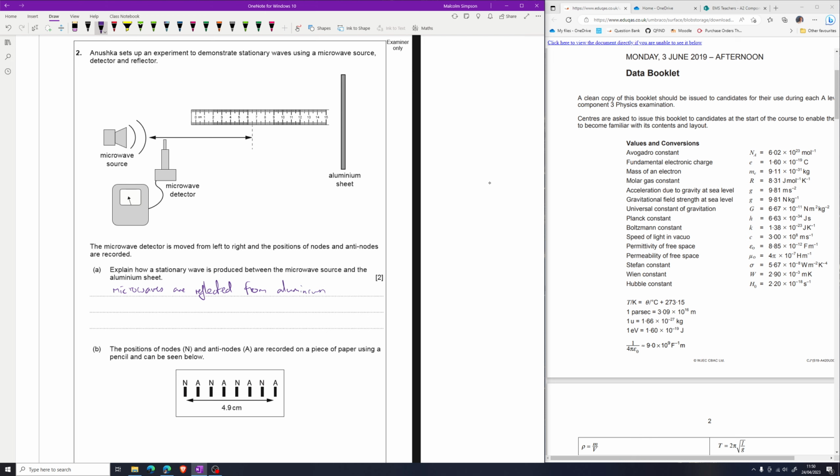Reflected from the aluminium sheet. And then the reflected waves interfere with the incoming waves to create stationary points of constructive and destructive interference, something along those lines.